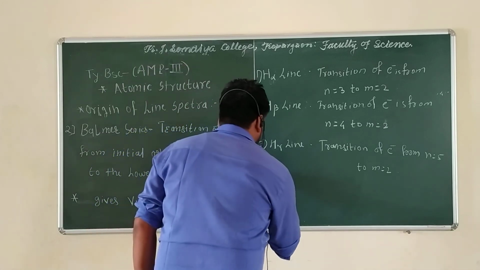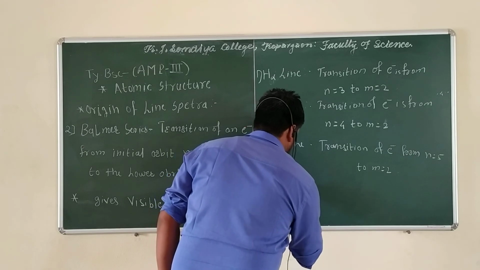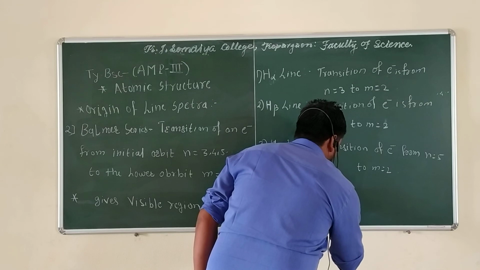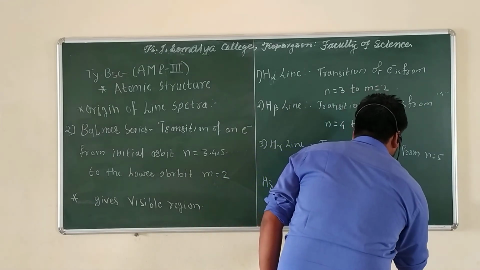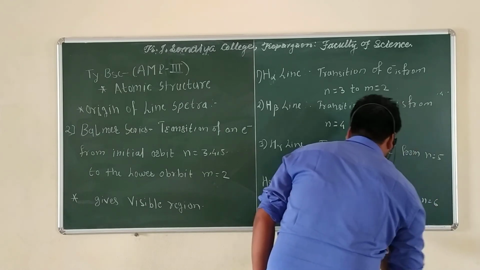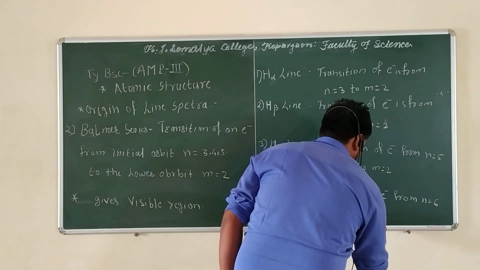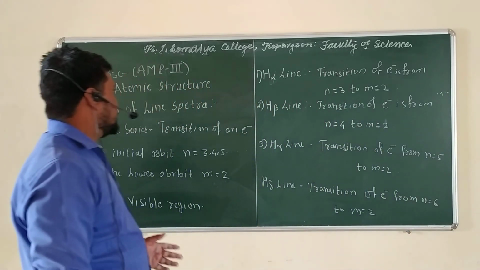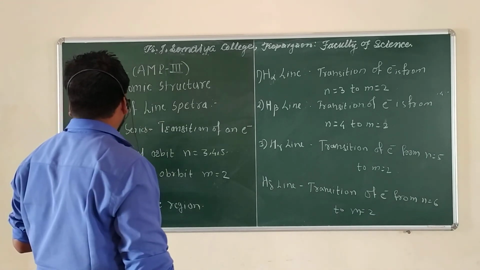And the H delta line is the transition of an electron from n equal to 6 to m equal to 2. So this is the idea about the series of the hydrogen spectra.